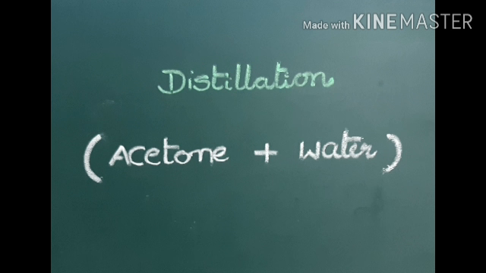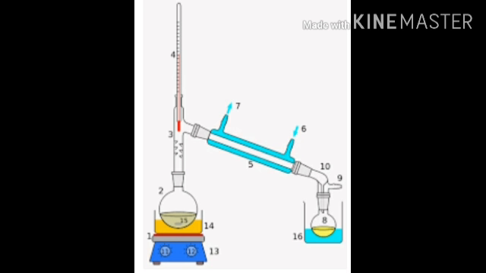For this, I have taken the mixture of acetone and water. How can we separate them? First, we take acetone and water in a distillation flask. Arrange the apparatus as shown in the visuals. Heat the mixture slowly and observe the thermometer reading.